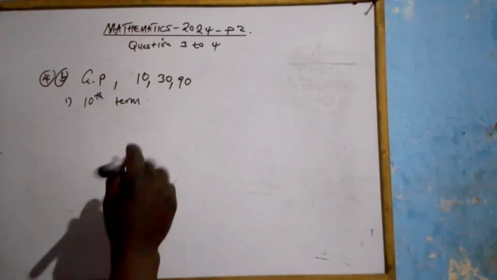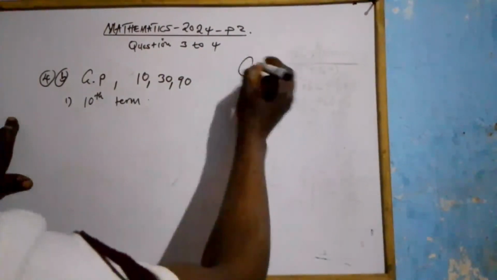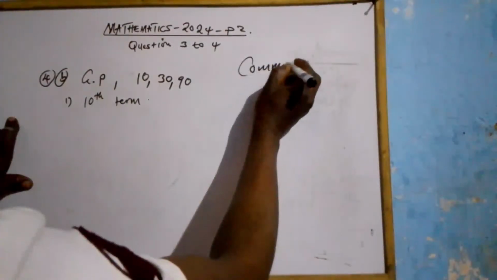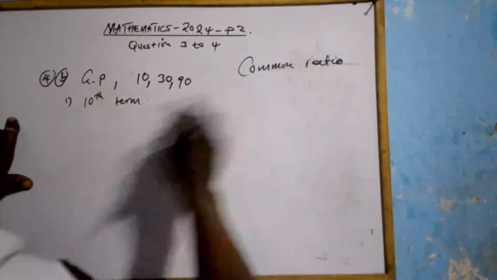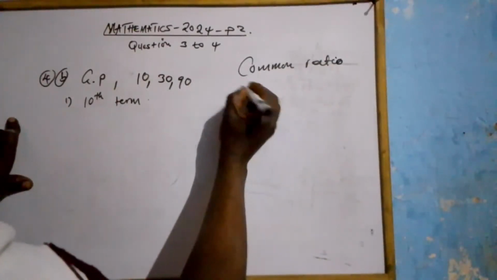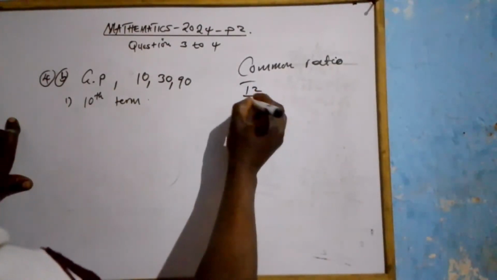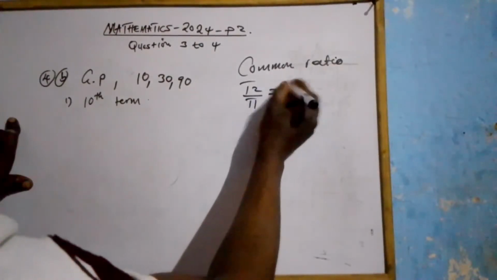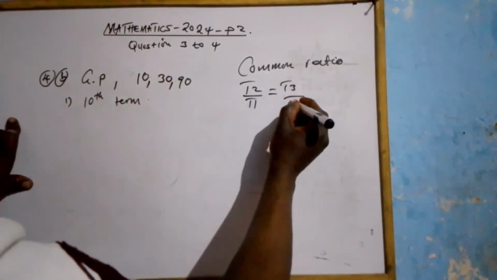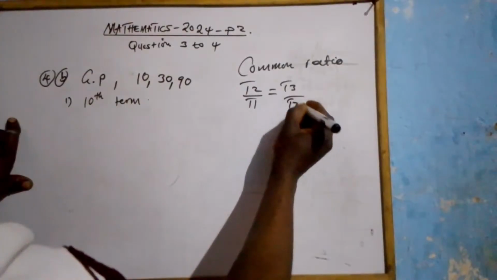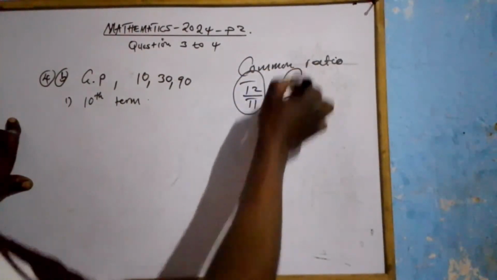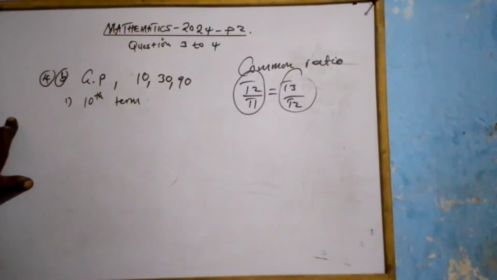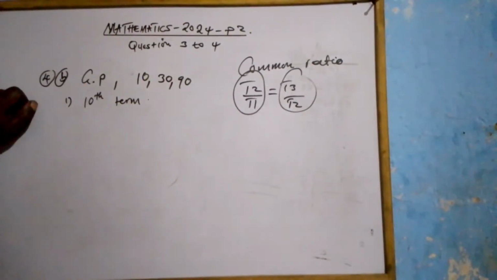How do we find the 10th term of this GP? First of all, we have to find the common ratio. The common ratio is T2 over T1, which equals T3 over T2. The two ratios should be equal, which will show that the common ratio you found is correct.